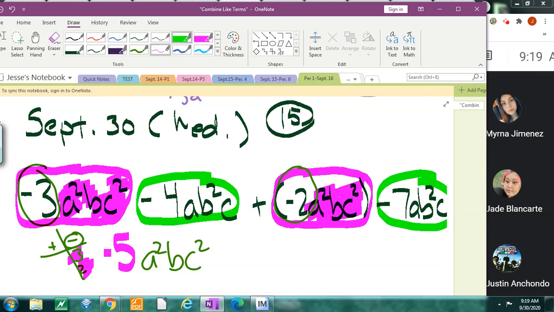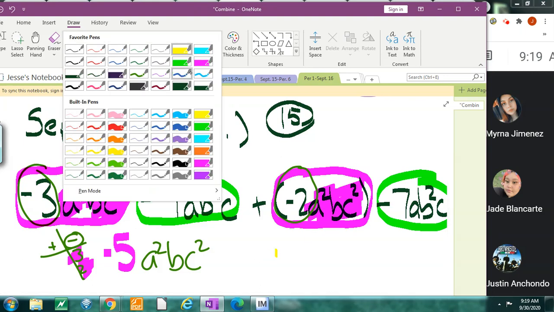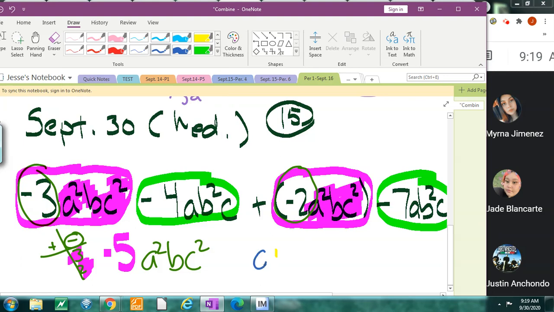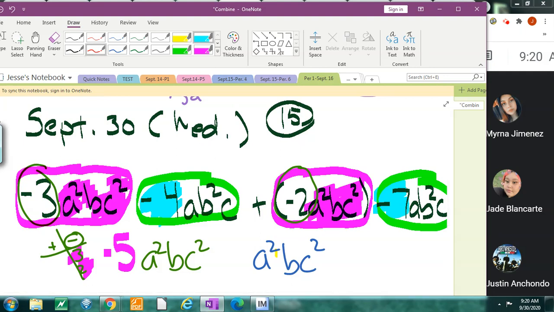So you could just write a b squared c. And then let's go ahead and take care of the number, right? And what is the number? -4, the coefficient, not the number. -4 and a -7. So I'm going to go ahead and put that down. We'll put it right here.